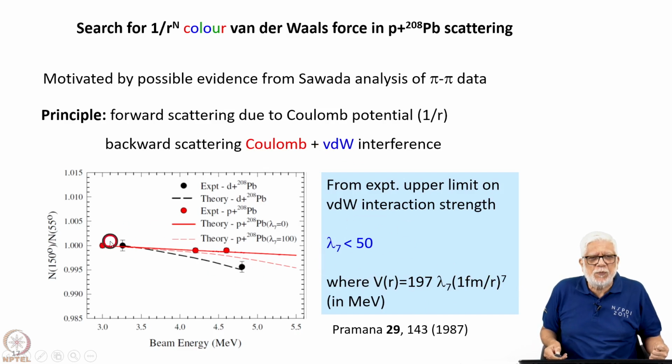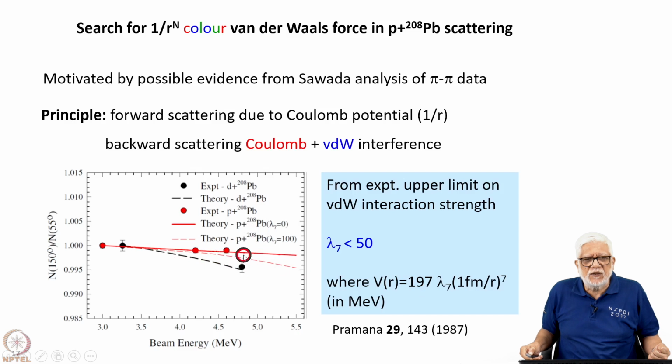So, we looked for a small deviation. We made sure that the apparatus is sensitive to polarizability of the deuteron. So, this experiment was carried out with the deuteron as well, and it showed the right effect. And then we did this for a longer time with protons. So, proton on lead, and this appeared to be flat. The dashed line shows of the order of lambda 7 equal to 100.